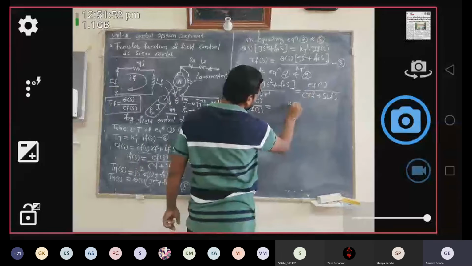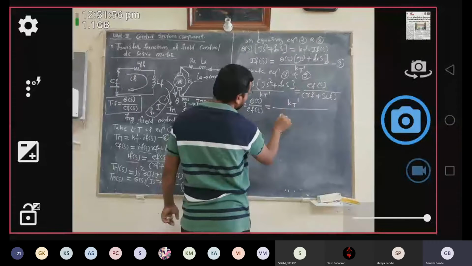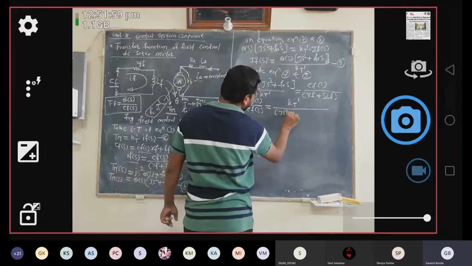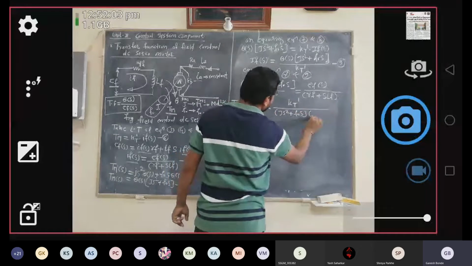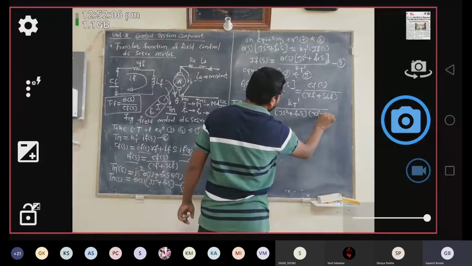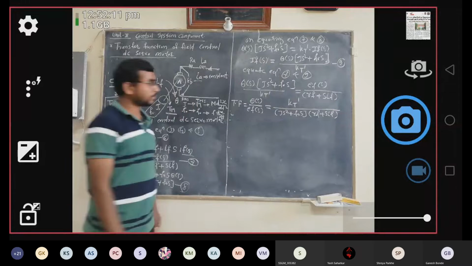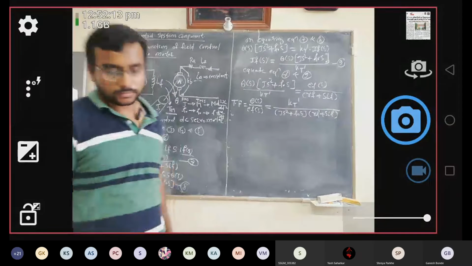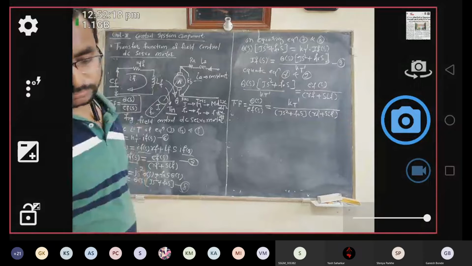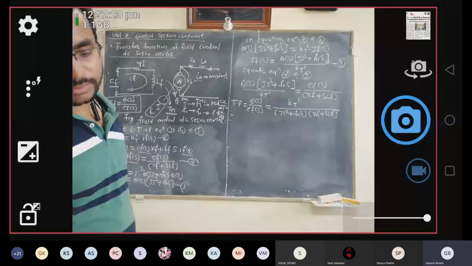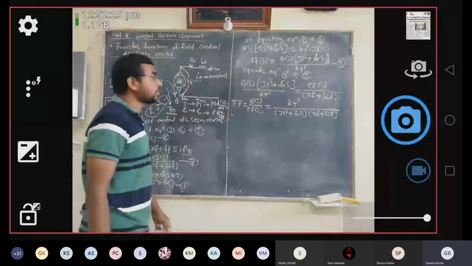So that will give you Kt dash upon J s square plus f0 s multiplied by Rf plus s times Lf. So this is our required transfer function of the field controlled DC servo motor.